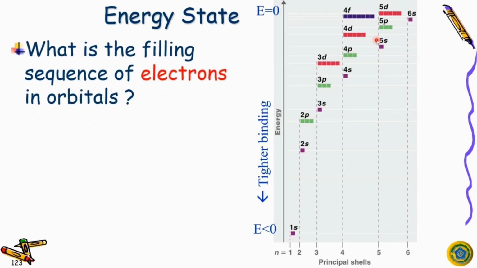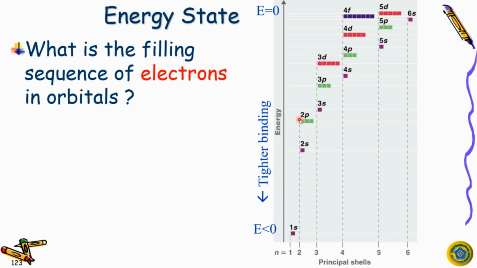So what is the filling sequence of electrons in orbitals? If I have an electron, I can fill it in 1s, right? Or I can fill it in 4p. Or should I fill electrons from 1s, 2s, 3s, 3p, and then 4s before 3d?